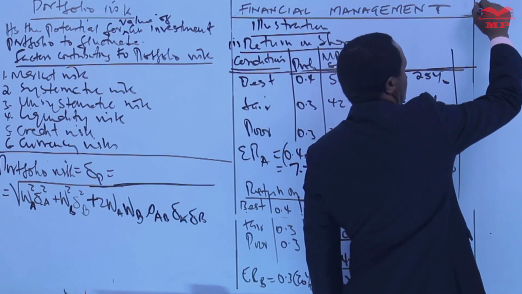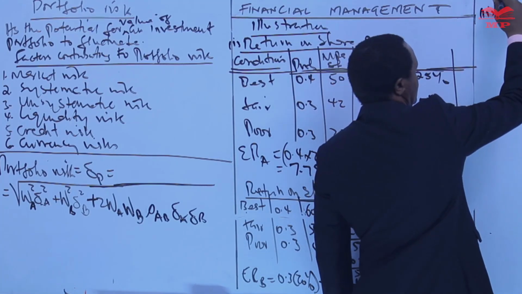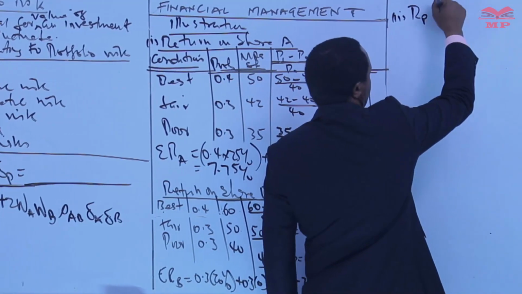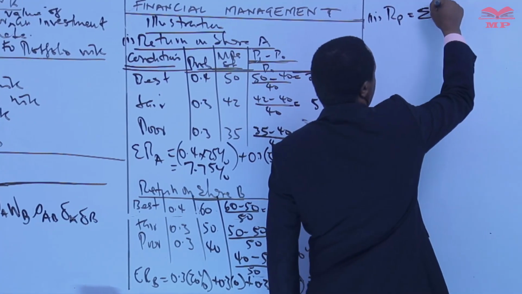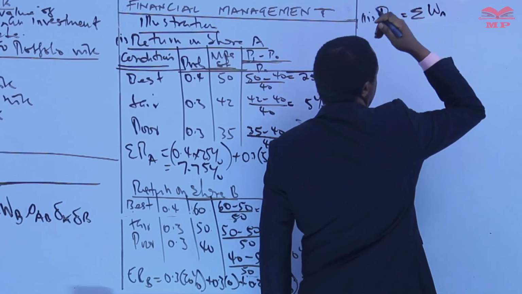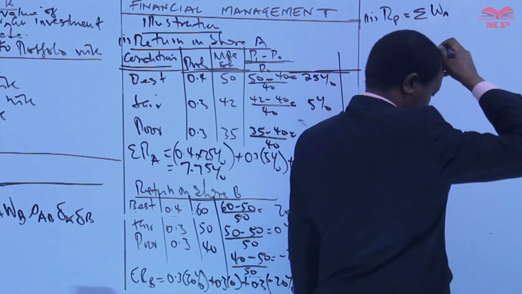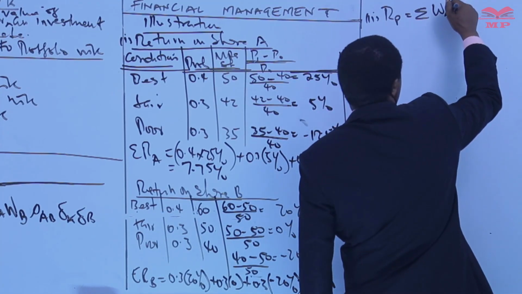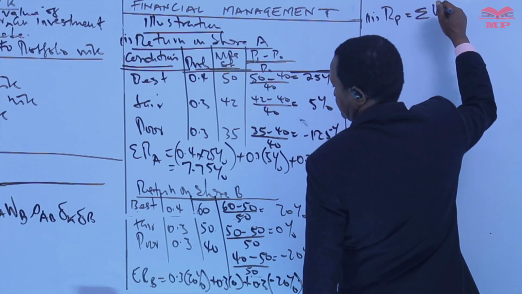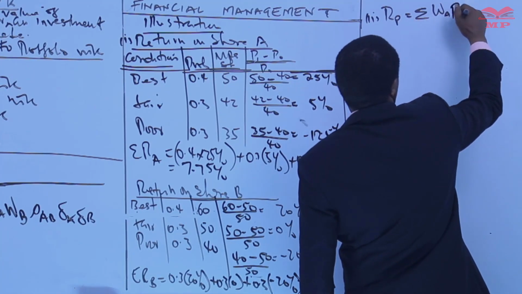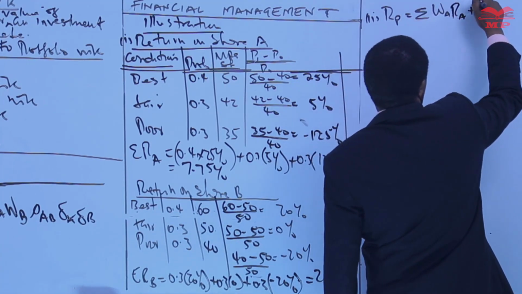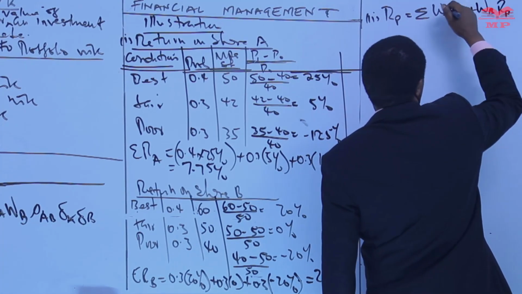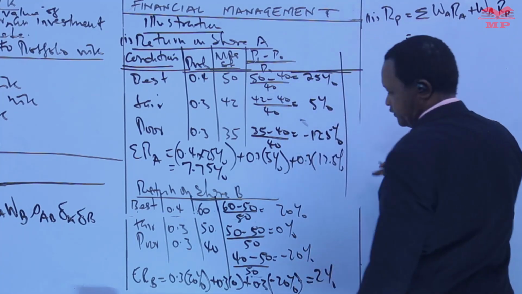Roman 2, you are required to calculate the expected return of the portfolio, which we know is equal to the summation of the weight of asset A times the return of asset A plus weight of asset B times the return of asset B. So we have the weight from the question.